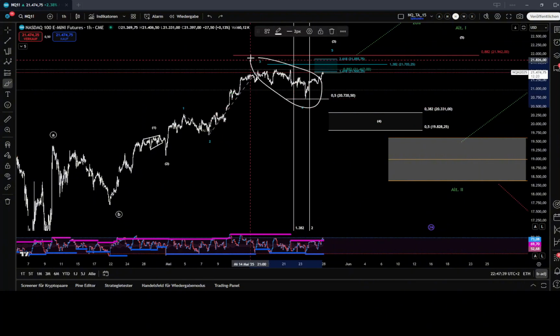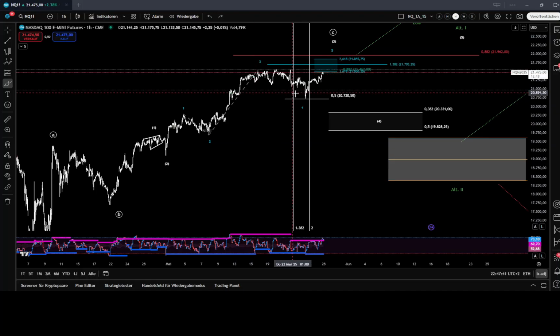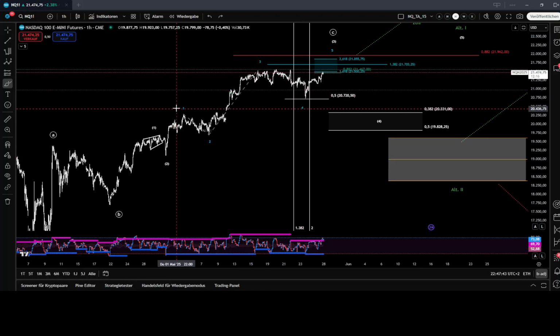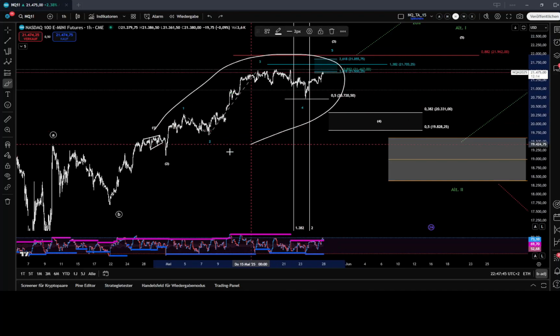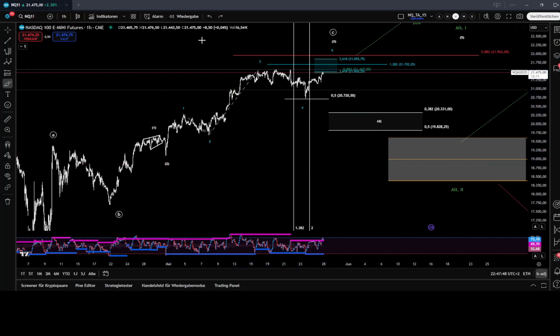It's relatively long in time, but it's perfectly fitting, and that's why I need to count this together here. That's why I've labeled it in blue, so we can separate it from the other labeling in the front.